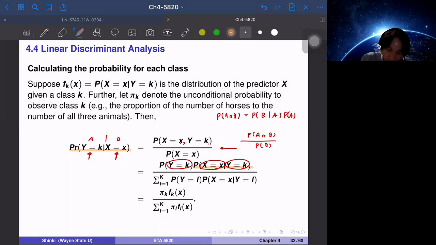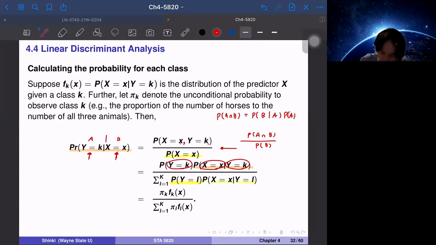And the denominator, what is it? The probability of X equal to x. There are k different cases, so we don't know the value of Y in the denominator. So think about each case: Y is equal to l, and given that Y is equal to l, the probability of X equal to x.